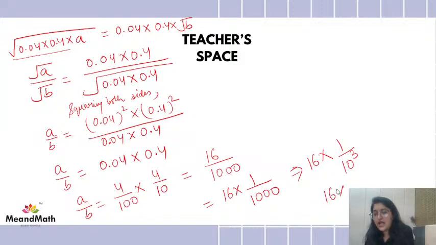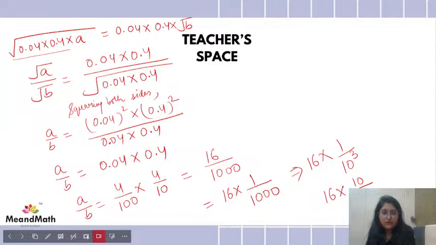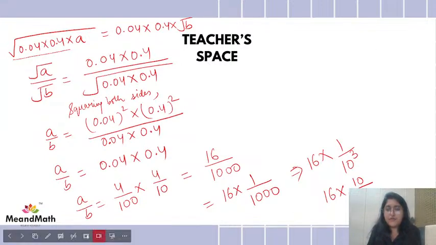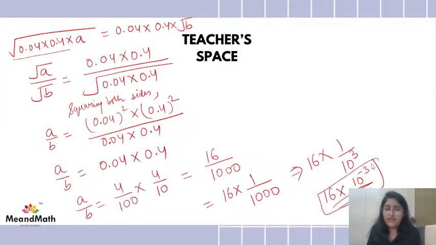So 16 times 1 upon 10 raised to power 3 can be written as 10 with the exponent minus 3. So the answer we get is 16 times 10 raised to power minus 3.